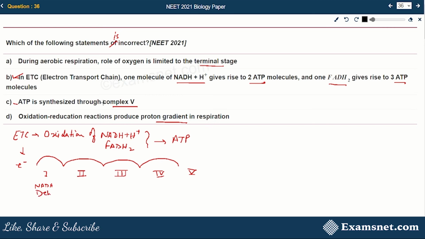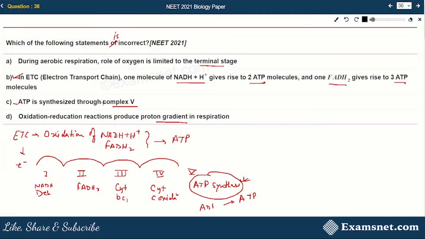Complex 2 is FADH2. Complex 3 is cytochrome BC1, whereas complex 4 is cytochrome C oxidase, and lastly complex 5 is ATP synthase, and this is the most important complex. While passing through the carriers, electrons are coupled to complex 5 or ATP synthase to produce ATP molecules from ADP and inorganic phosphate.